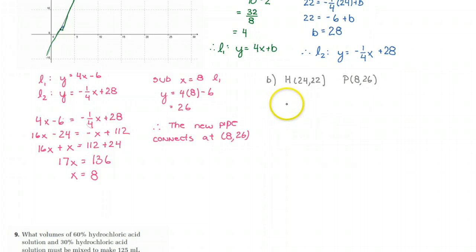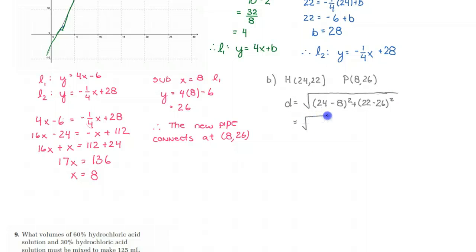So therefore, all we have to do is find the distance between these two. So we use our distance formula. So I'm going to say 24 minus 8 squared plus 22 minus 26 squared. Right?